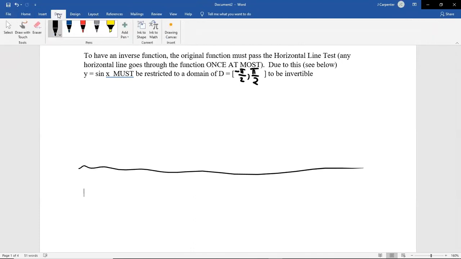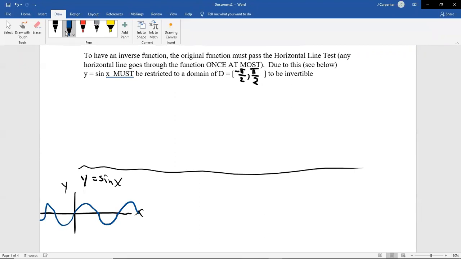So the reasoning below. Here's the graph of y equals sine of x. Now this graph goes forever and ever in each direction. Starts at 0, goes up to a height of 1, comes back down to a height of -1, then back up, etc. It goes on forever.